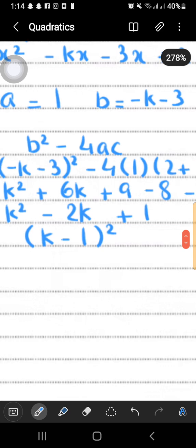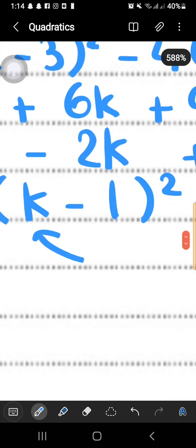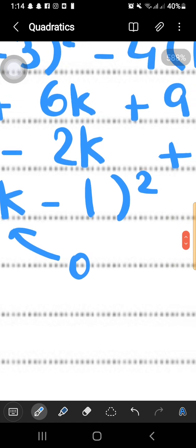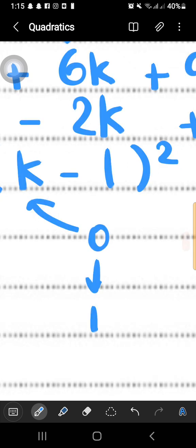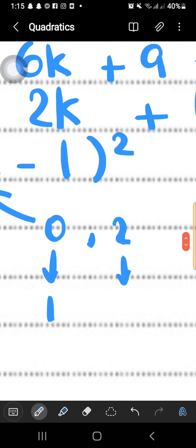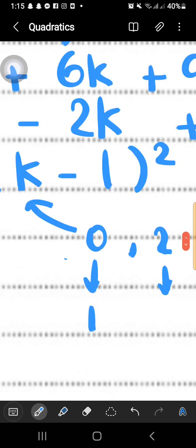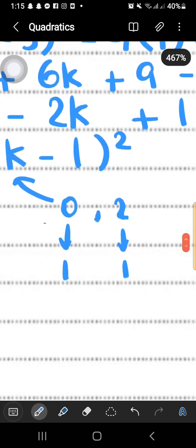And we are sure that if we insert here any value, like if we insert 0, it will become positive 1. 0 minus 1 will remain negative 1 and negative 1 whole square will become positive 1. If we insert 2 here, it will become 2 minus 1, which is equal to 1, then 1 square is again 1.